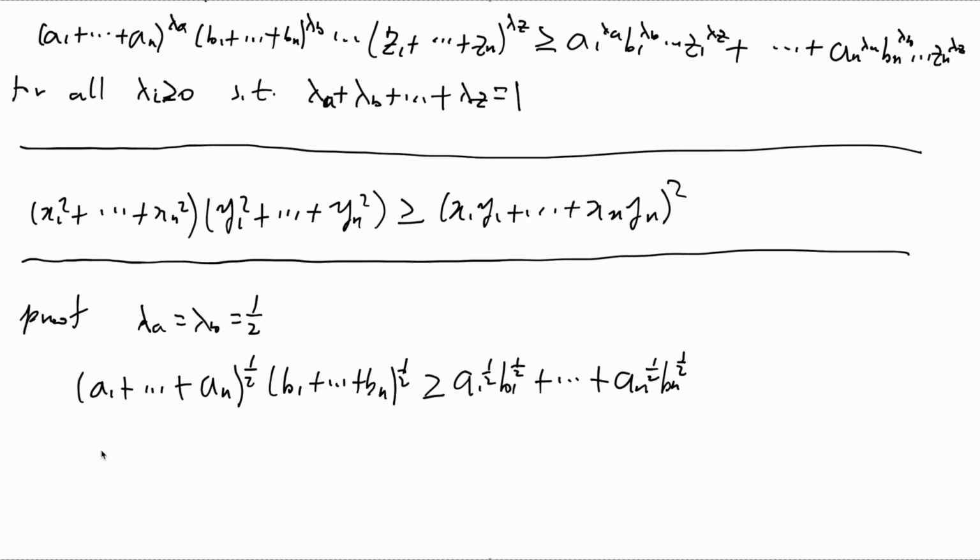It should be quite normal to start thinking, let's just say that x sub i is equal to the square root of a sub i, and y sub i equals the square root of b sub i. It's quite natural actually to think of it like this.